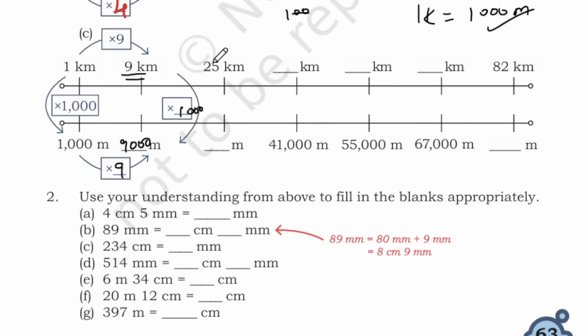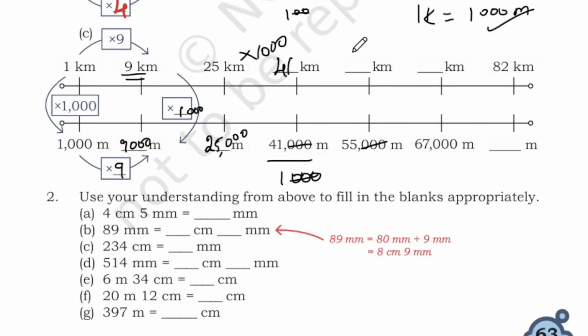Okay. So next you have 25 kilometers. So 25 kilometers, when you are converting into meter, you have to multiply by 1000. So this is 25,000. Okay, and from meter to kilometer, again you have to divide by 1000. So 1000 has three zeros, 30. So this is 41 kilometers.